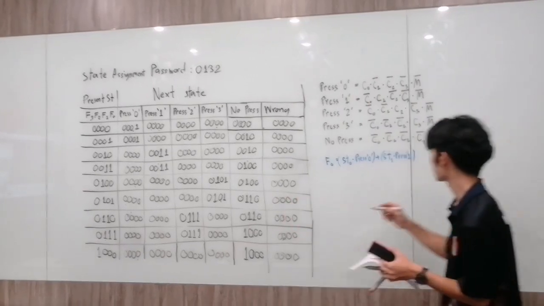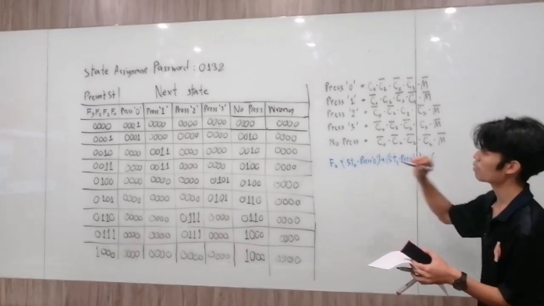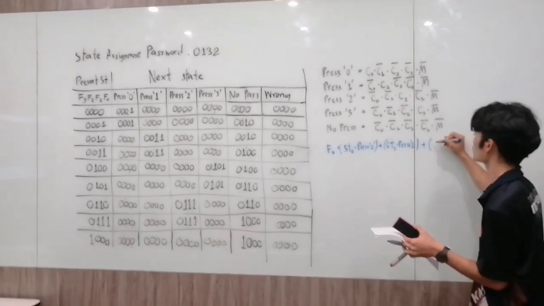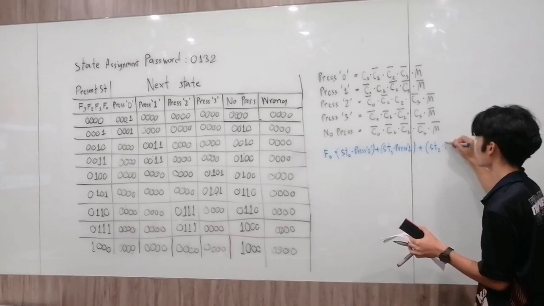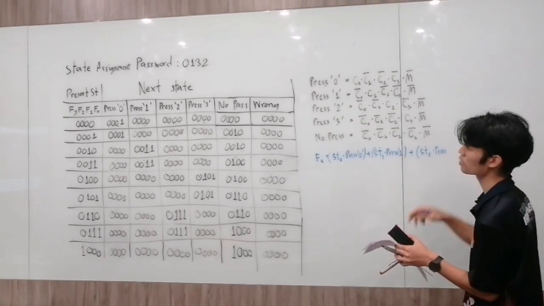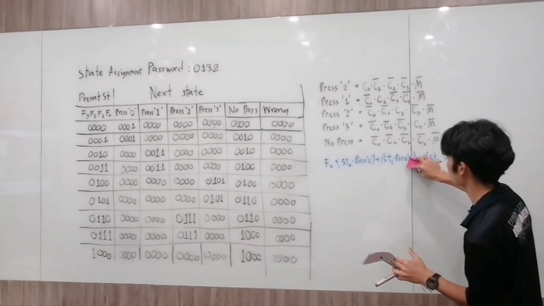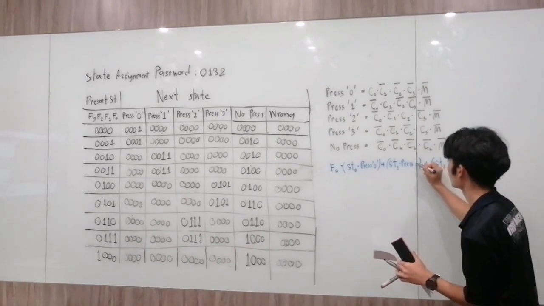Next is or with state 2 and with press. Oh, sorry, it's not press 1, it's press 0.